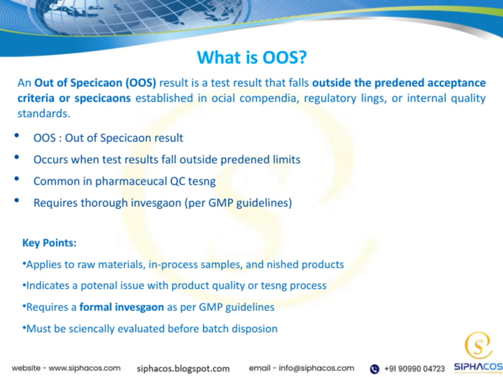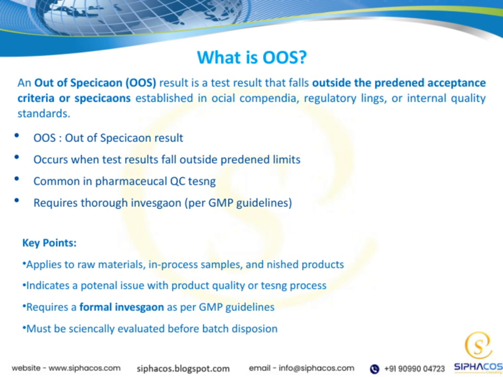When we encounter an OOS result, it's crucial to follow a formal investigation process in line with GMP guidelines. This isn't something to overlook or dismiss. It requires a thorough and scientifically sound evaluation before we decide whether the batch can be released or needs further action.